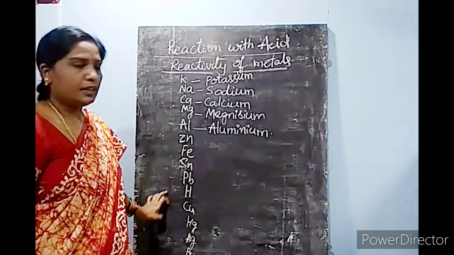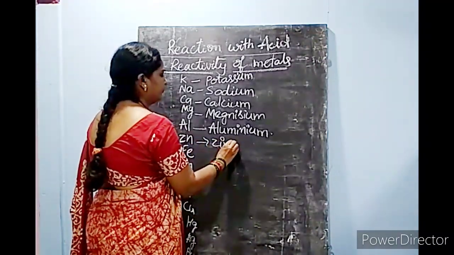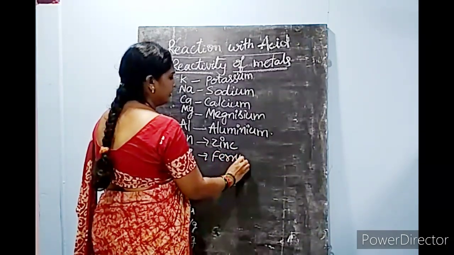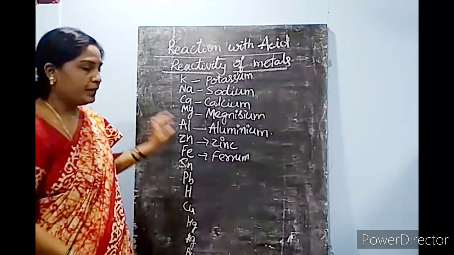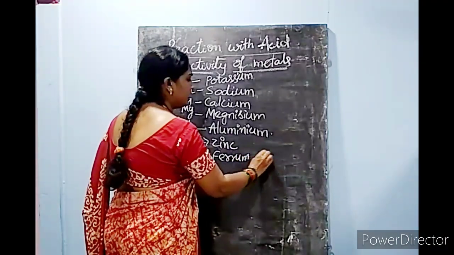In this way the metals are coming. Zn means zinc, and Fe means ferrum, iron. The Latin name of iron is ferrum, that's why the symbol is Fe.